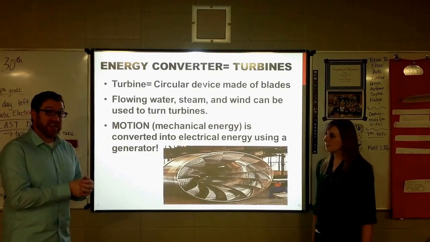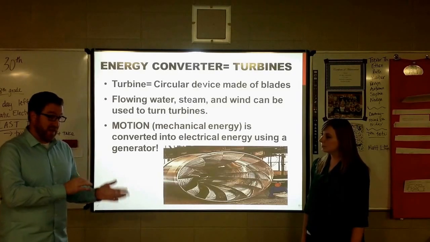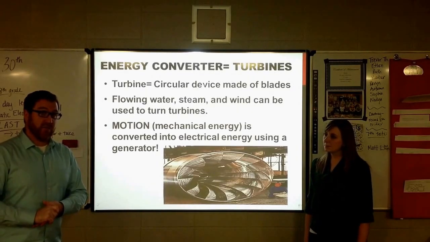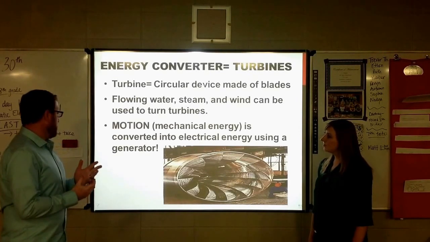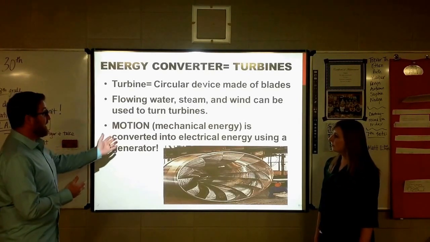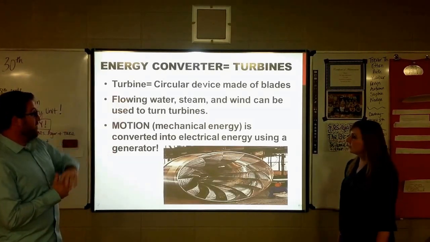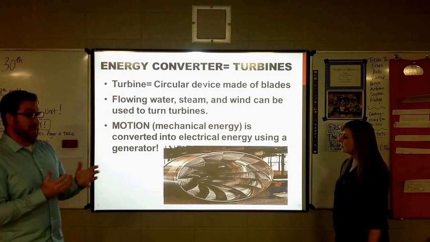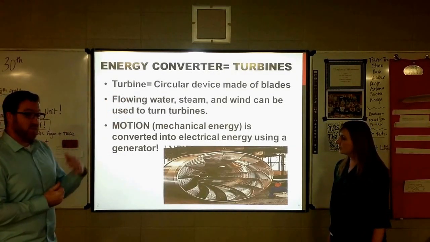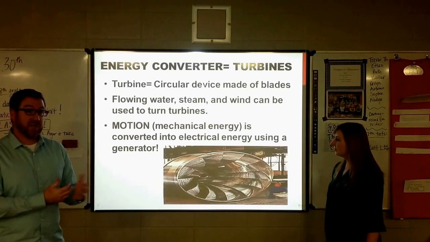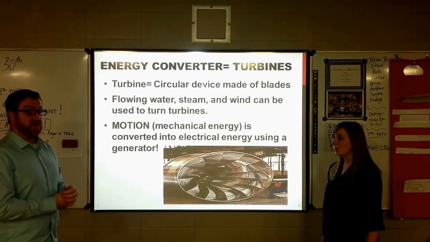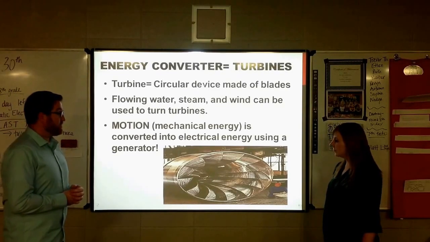That's the mechanical energy that we're going to input into our generator to get electrical energy out. So again, we've got a turbine with a circular device made of blades. Flowing water will move through it, and ultimately the goal is motion. We're getting that mechanical energy out so that we can generate some power.